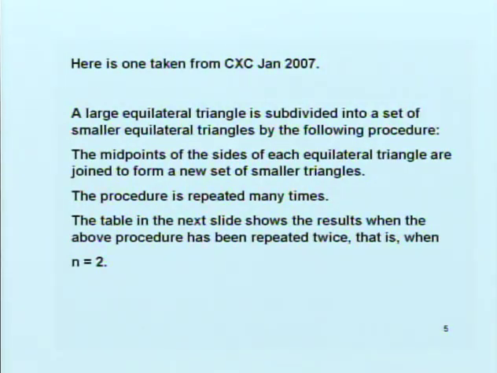The midpoints of the sides of each equilateral triangle are joined to form a new set of smaller triangles. The procedure is repeated many times. The table in the next slide shows the results when the above procedure has been repeated twice, that is, when n is equal to 2.